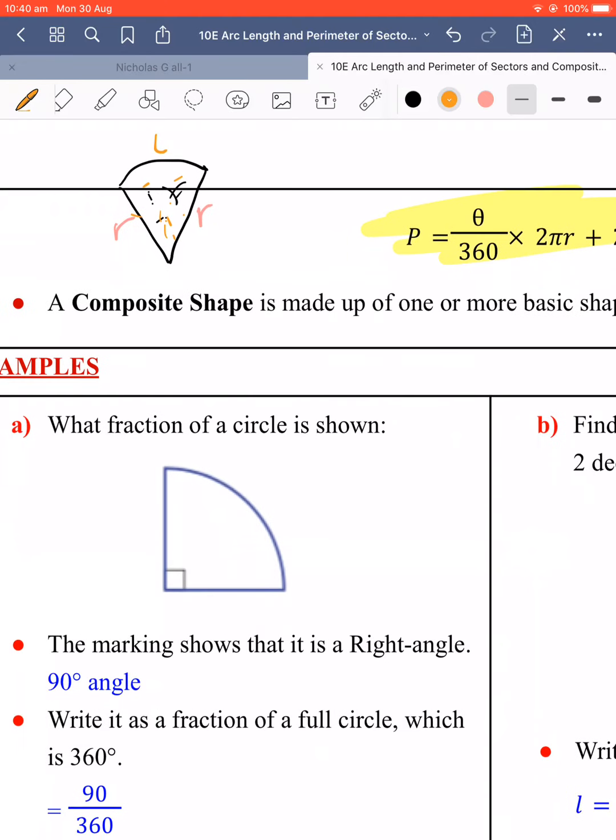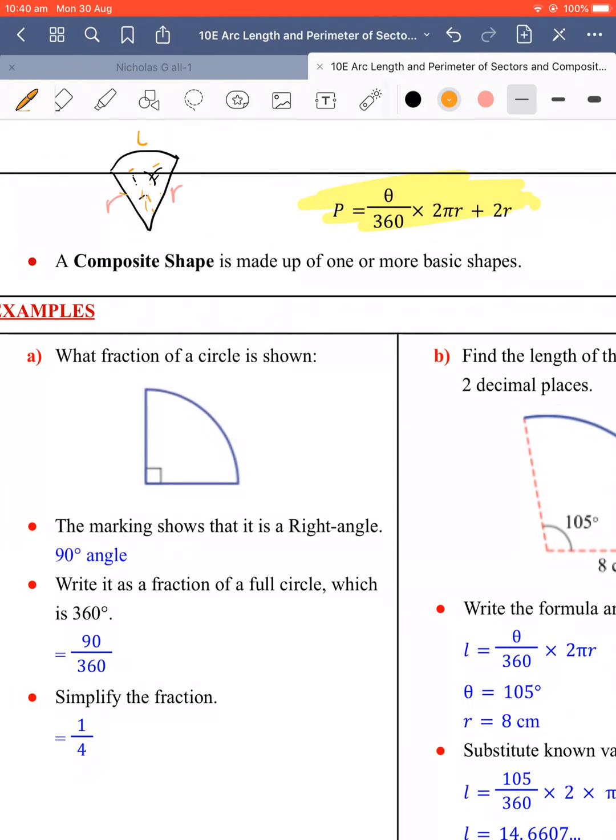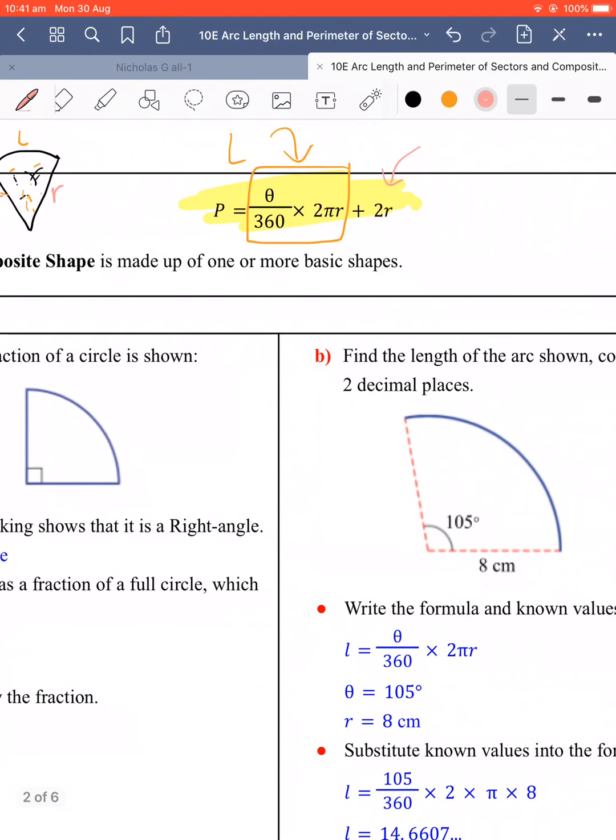Now I need to add those two things together to give my perimeter. So I have two parts to my equation: the first part tells me my arc length, and the next part is my two radii together. So these are my cuts, my radii.